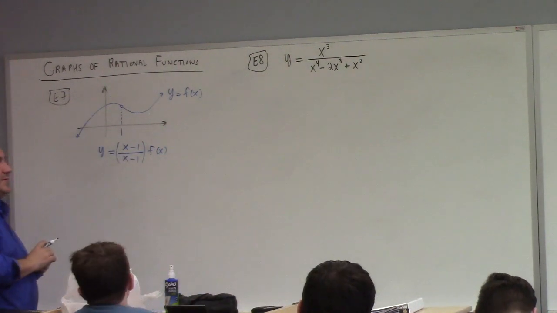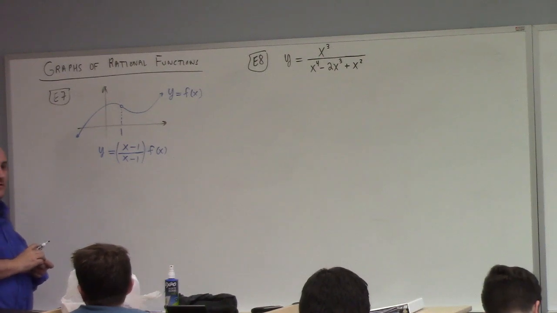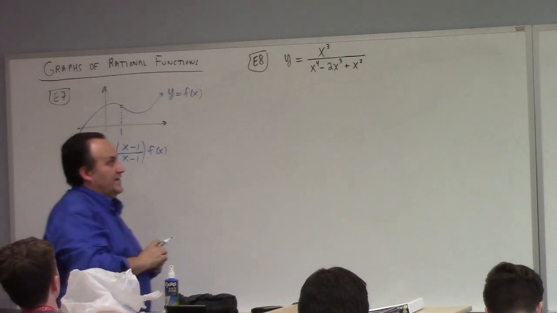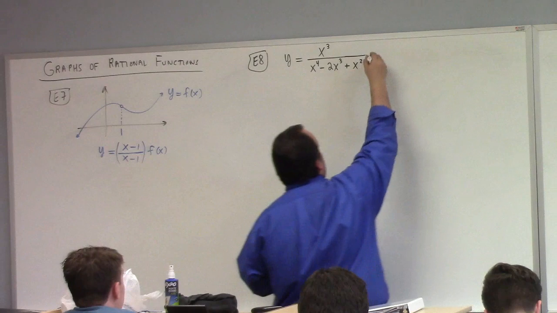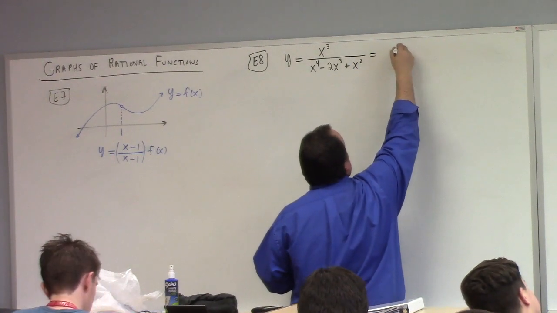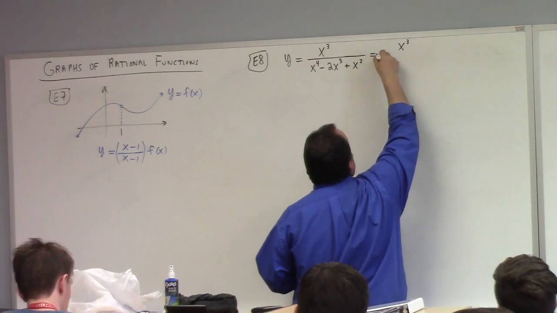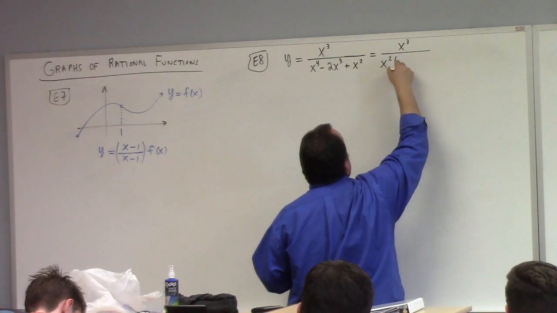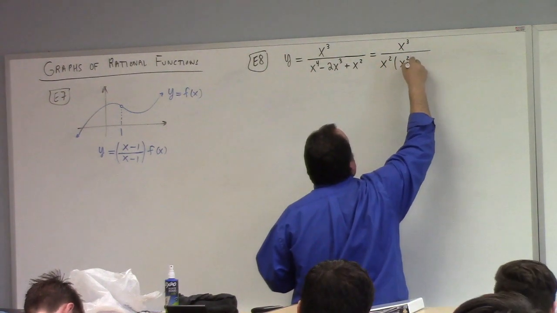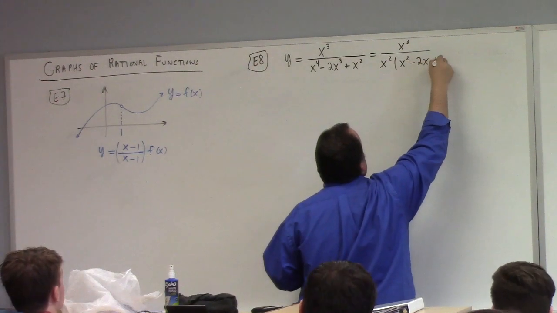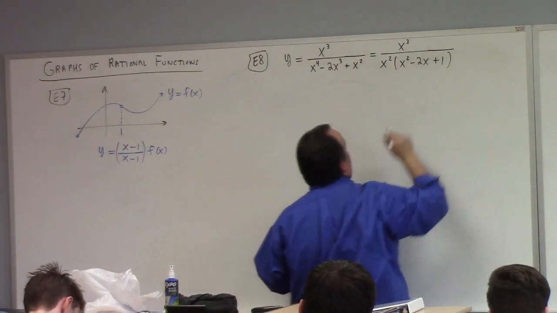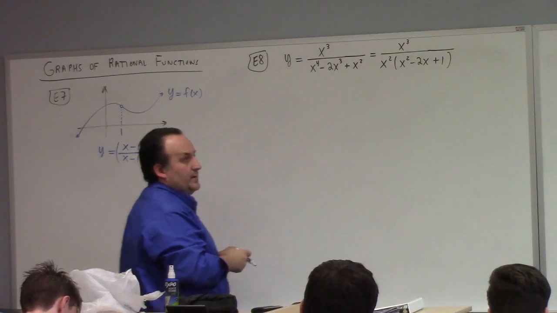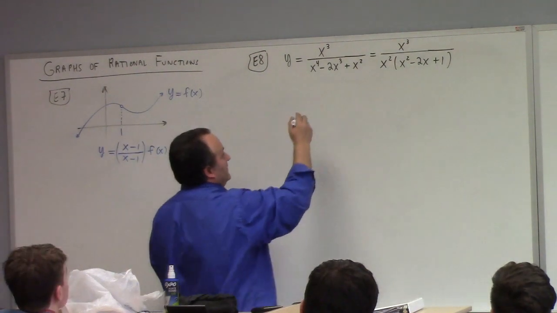So what happens here? What can you factor out of the denominator? We've got an x cubed on top, and I can factor an x squared out down there. Look at this.